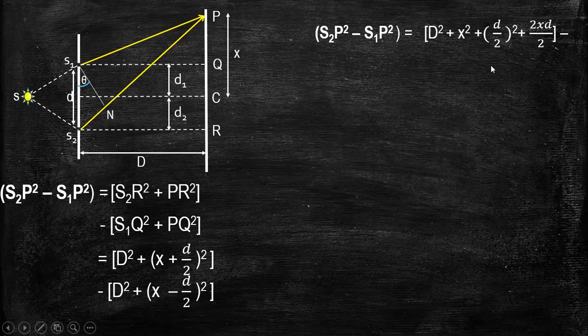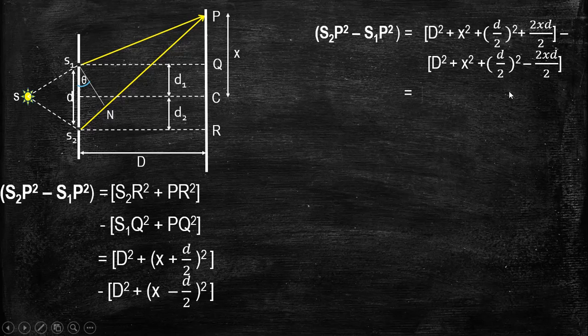A square is nothing but X square. I am writing D square as it is. Now expanding this term, X square plus D by 2 whole square minus 2XD by 2.